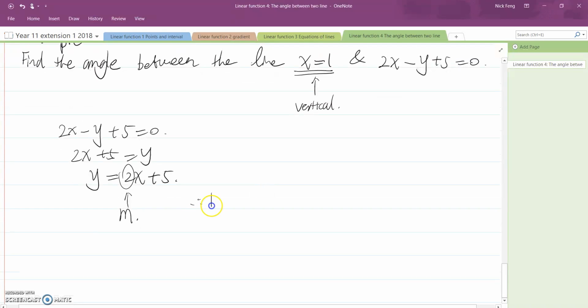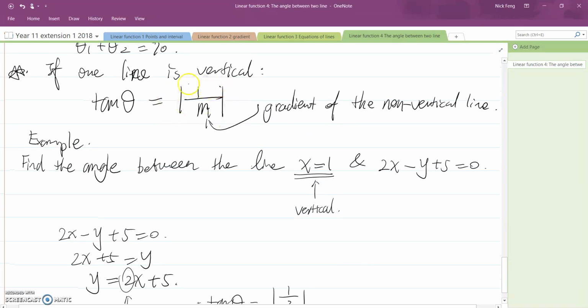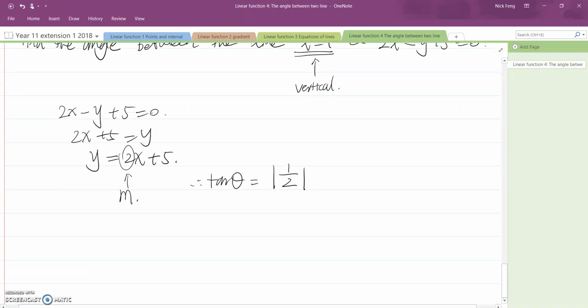In other words, tan theta equals 1 over 2, given this formula when one of the lines is vertical. So therefore, theta is simply tan inverse half. If you put it in a calculator, that will give you 26.5650.